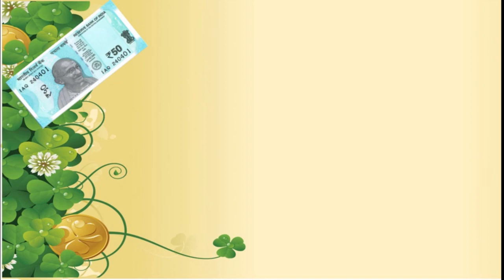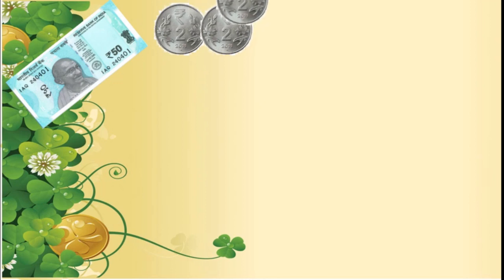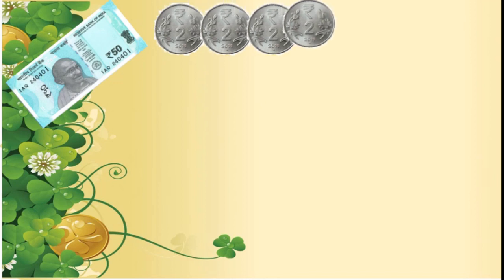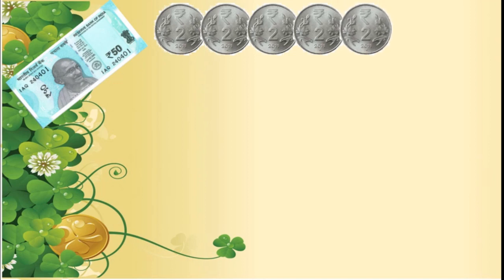Okay, how many we will get? We will see 2 rupee coins. This is 1, 2, 3, 4, 5. Okay, this became rupees 10, isn't it? Means 2 fives are 10. Correct? I got 10 rupees.